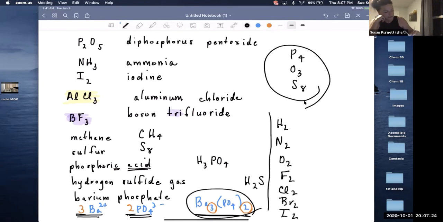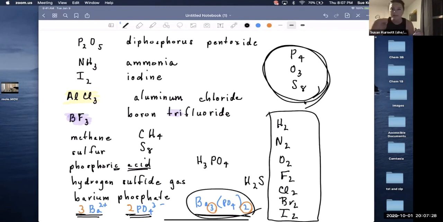So this is a list of diatomic elements, and this is a list of polyatomic elements. You just have to know those are the kinds of allotropes that are stable that we're going to use in our class. Allotrope is just a fancy word to say, well, oxygen could be O2 or it could be O3. And it turns out there's actually a kind of oxygen that is a blue liquid that's O4, but not at this pressure.